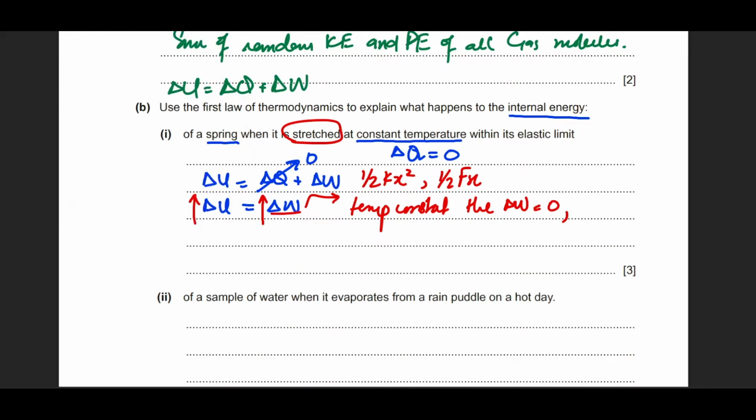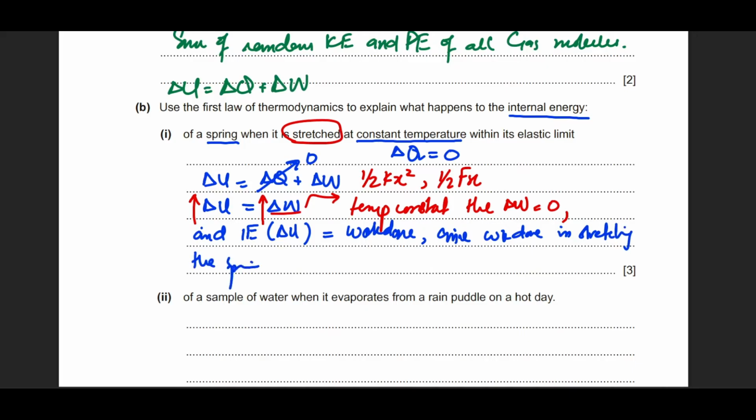And internal energy, which is delta U, is now entirely equal to the work done provided. Since work is done in stretching the spring, delta W increases, hence delta U also increases.